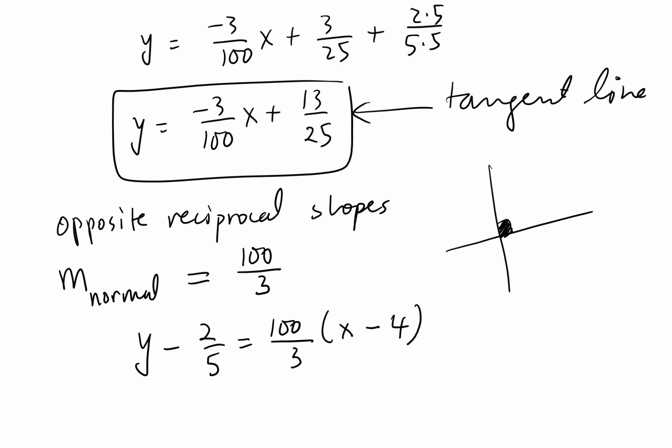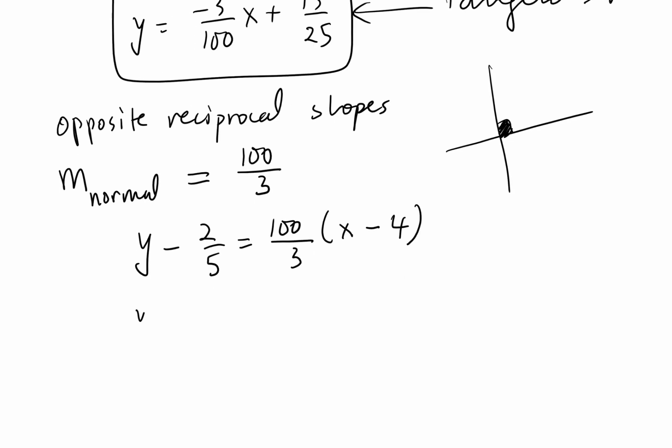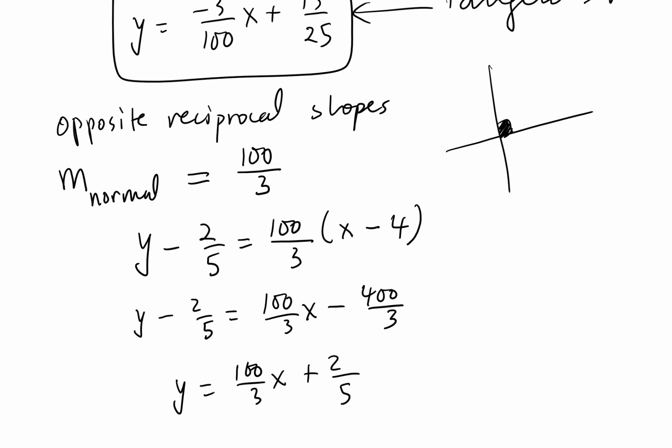And now try to multiply it out. Let's finish it now. So here we keep this part the same. This is 100 over 3 x minus 400 over 3. Add to both sides 2/5 minus 400 over 3.